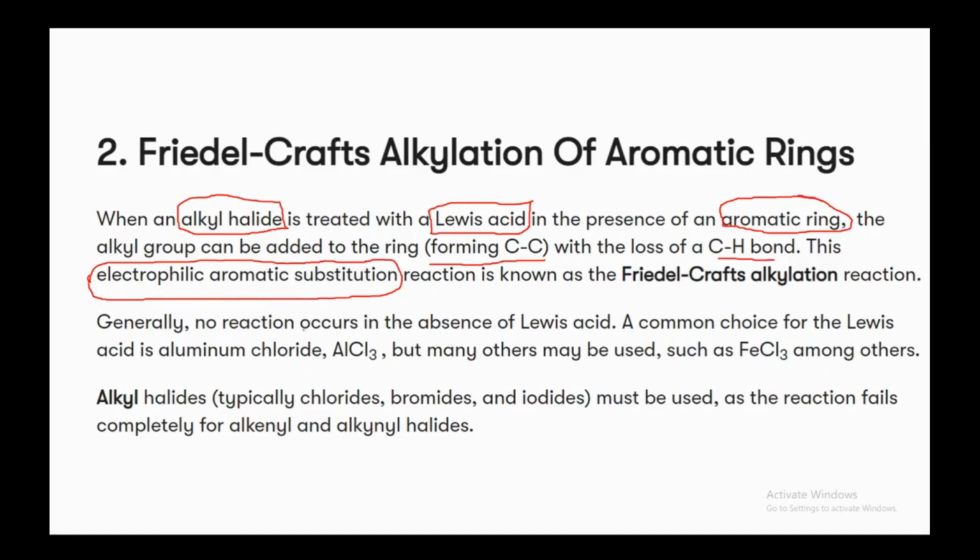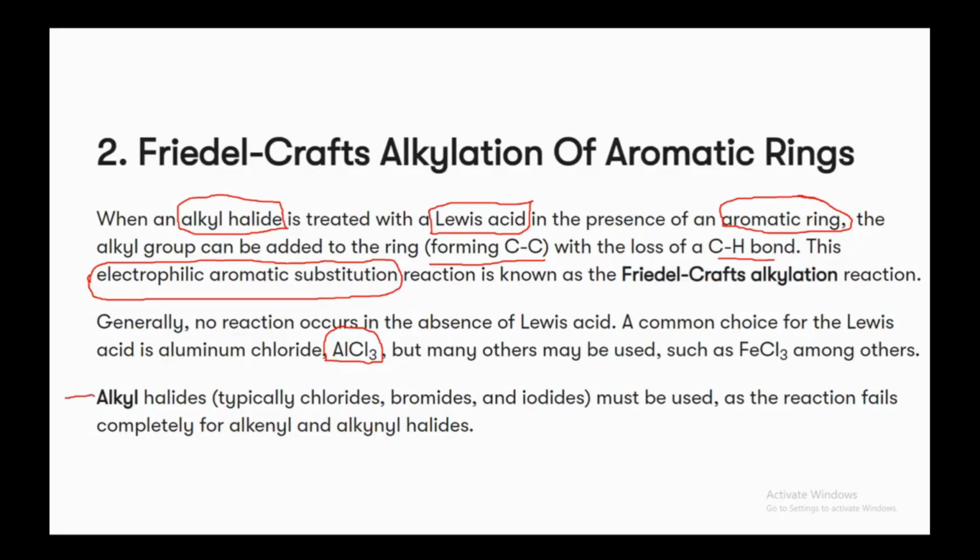Generally, no reaction occurs in the absence of a Lewis acid. A common choice for the Lewis acid is aluminum trichloride, that is the commonly used Lewis acid, but many others may be used such as FeCl3 among others.